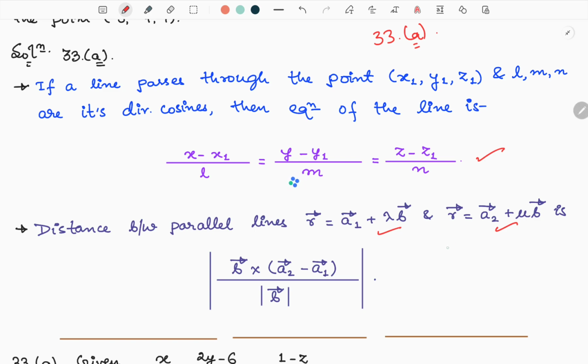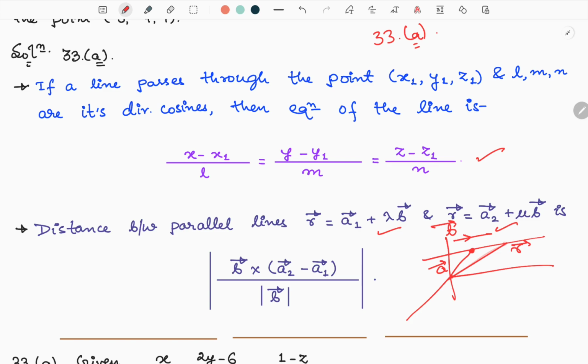Now here we have to understand, when the equation of a line is given in vector form, how should we represent it? Let us take an example with this diagram. Here the line is this, and this equation we are asked to find. So a general point should be given on this line whose position vector is a vector, and this line is parallel to another line which is b vector.